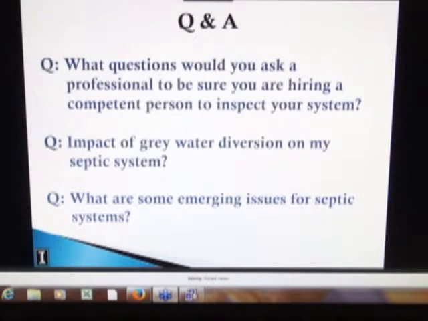If you don't know what an aerobic treatment unit is, basically it's a septic tank with an air pump on it, and what that air does is change the bacteria from anaerobic to aerobic, and the aerobic bacteria actually works a lot faster than the anaerobic bacteria. So what it does is add cost to the homeowner, because those systems are about 30% higher in cost to install.